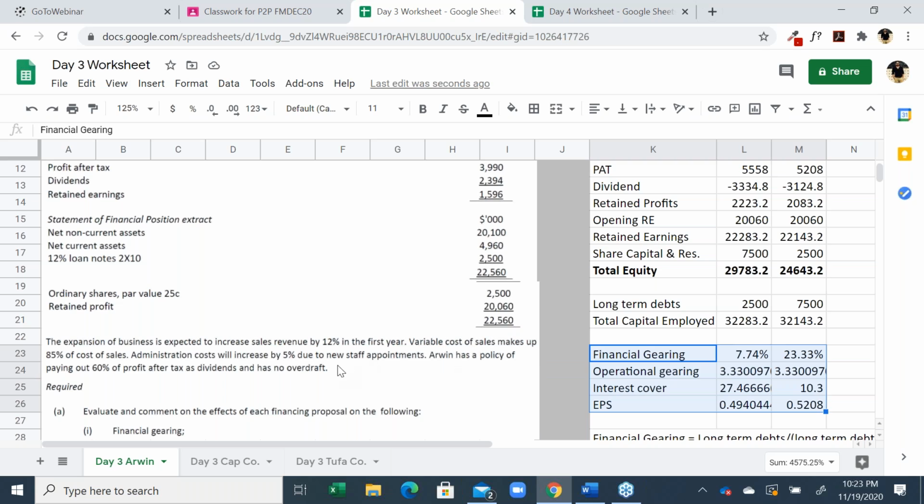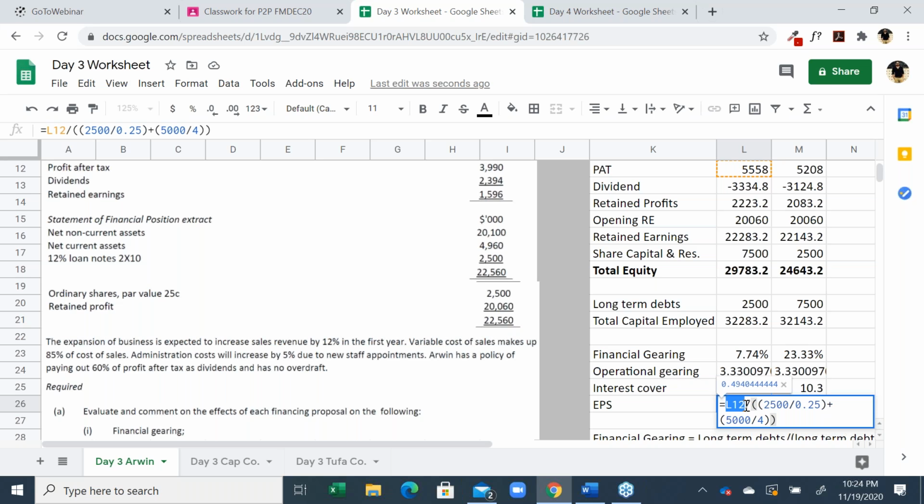So that's how we will do the calculation part, but that's not it. There is evaluation and comment as well. So we have to evaluate and comment. EPS is simply the profit after tax divided by total number of ordinary shares.